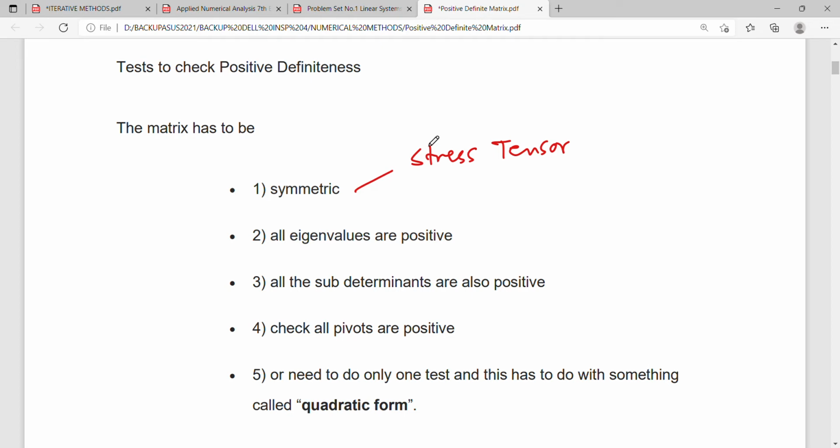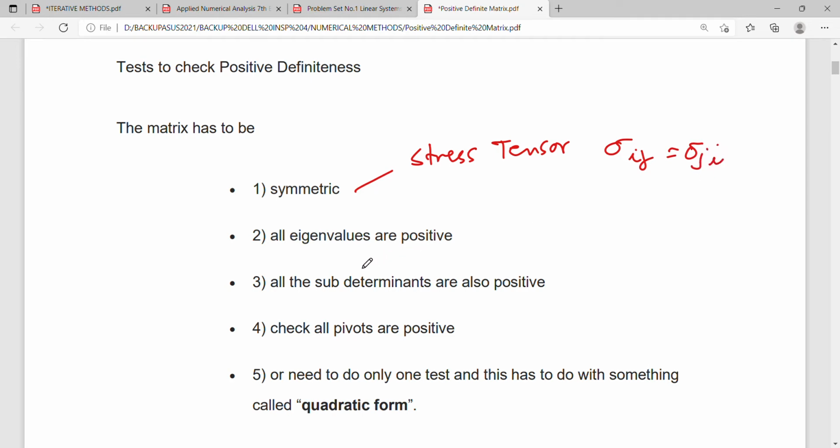That's why indicial notation is very important in programming. A stress tensor is always symmetric. Therefore, it is a positive definite matrix. We have proven in continuum mechanics that the stress tensor is symmetric. Remember, sigma ij is equal to sigma ji.